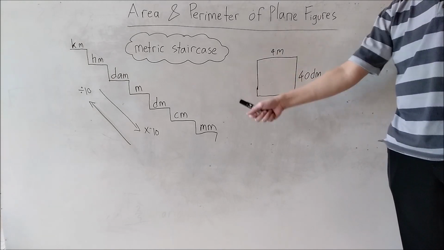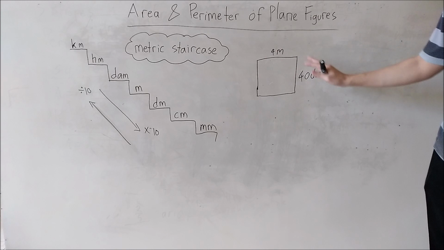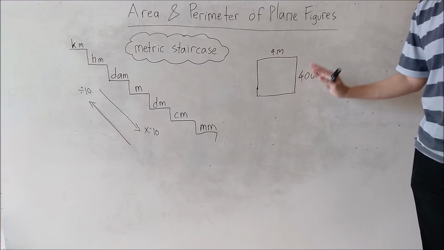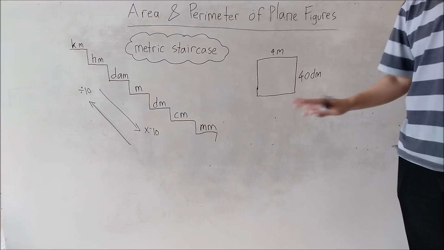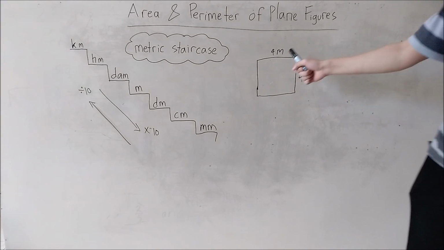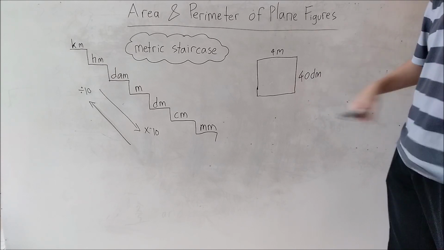That's what it means by conversion of unit. Since the units are different, the number that the unit shows will be different as well. However, the length of the shape itself does not change at all. That is what it means by conversion. If I have 4 meter, it is the same as 40 decimeter.